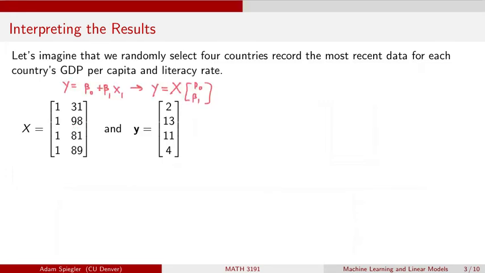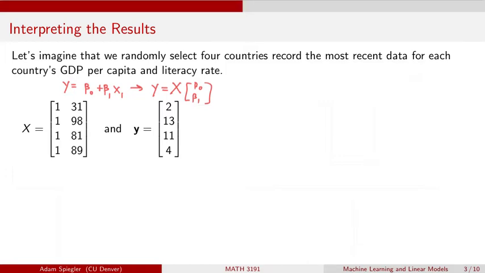Our goal is to fit a model of the form y equals beta 0 plus beta 1 times x1, where x1 is the literacy rate that we've observed, and y is the GDP per capita that we're trying to predict.